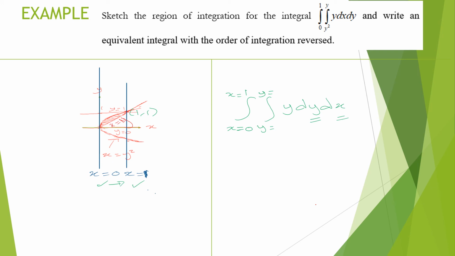So for y, we have to look at our graph in between these two blue lines. The upper one is x equals y squared, right? So now we change x equals y squared so that the subject becomes y equals square root of x. So here will be square root of x.